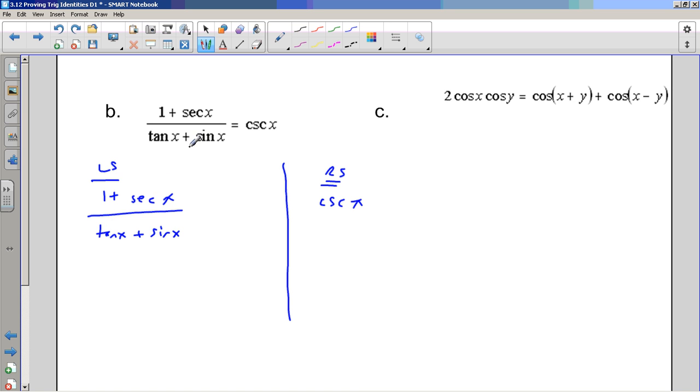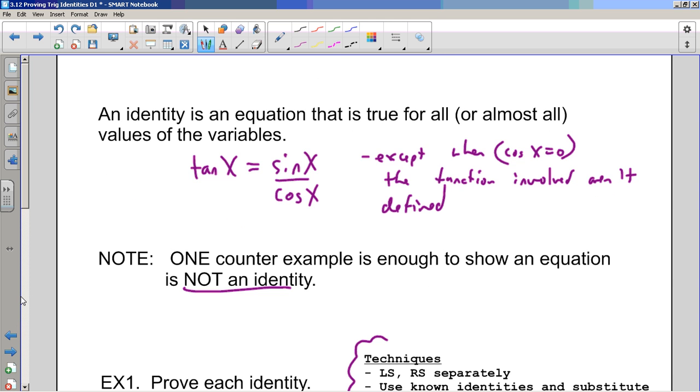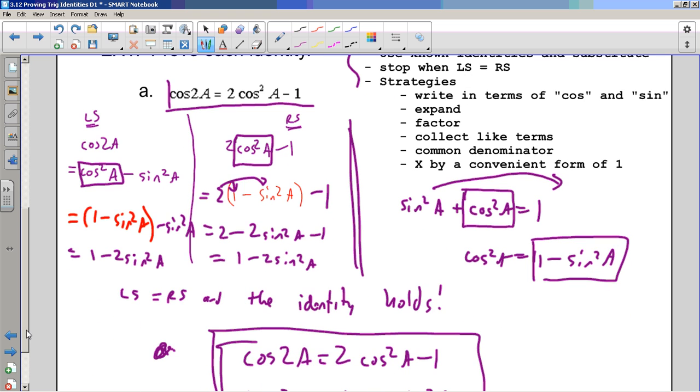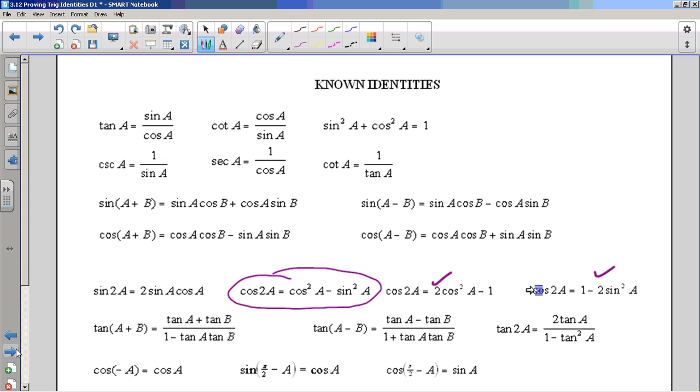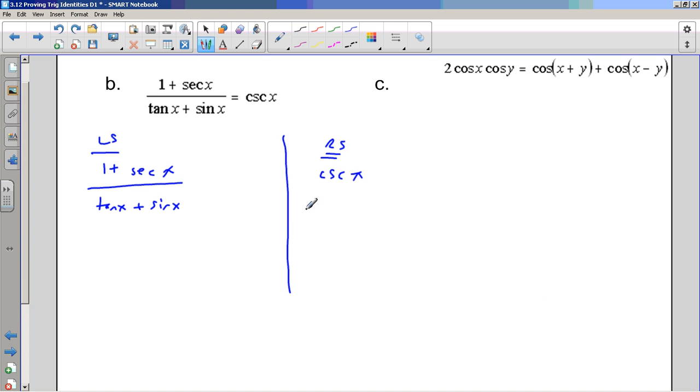And I need to build up some instincts. First of all, one of the strategies was to write things in terms of sines and coses, right? Write things in terms of sines and coses. That's a good start. So cosecant, for instance, is 1 over sine x. That's that one reciprocal identity.